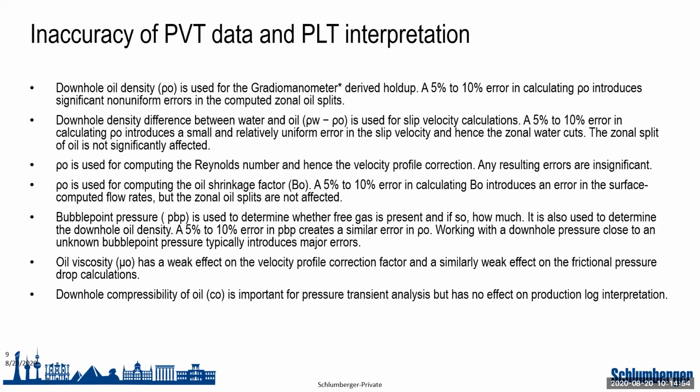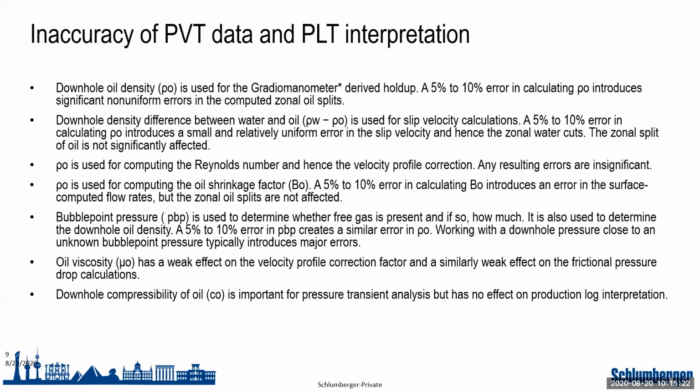Now, something that can reduce the error from inaccuracy in the PVT data is to have holdup sensors that can directly measure the holdup of water and the holdup of gas. But if we are going to work traditionally with a density measurement like the Gradiomanometer tool, it is very important that we know accurately the downhole density of every phase.